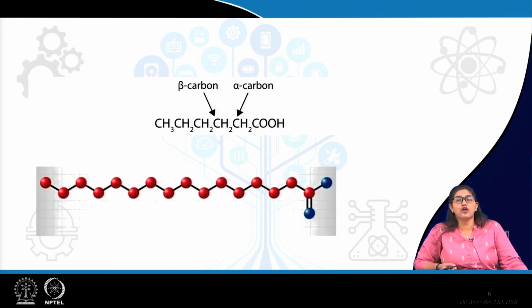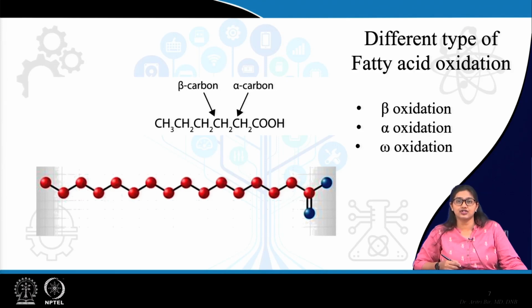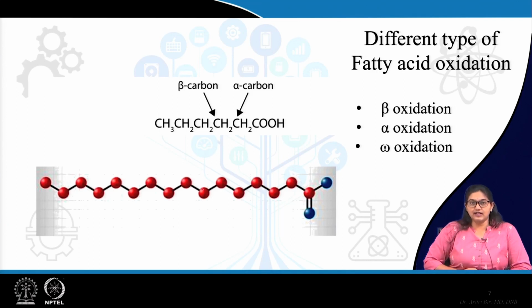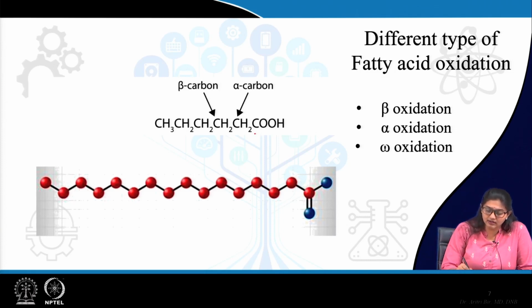Now, let us move on to the oxidation of fatty acids. Fatty acid oxidation can be of different types based on which carbon is actually oxidized. Fatty acids are carboxylic acids containing long aliphatic chains, with the carboxyl group as the acid group.